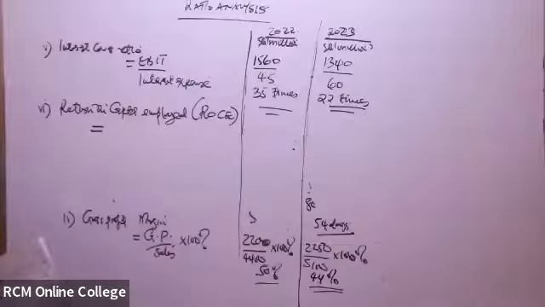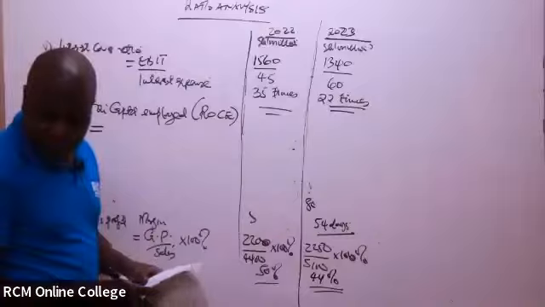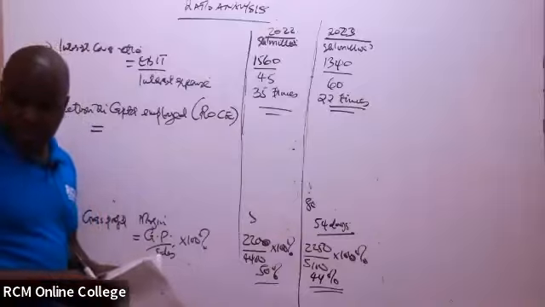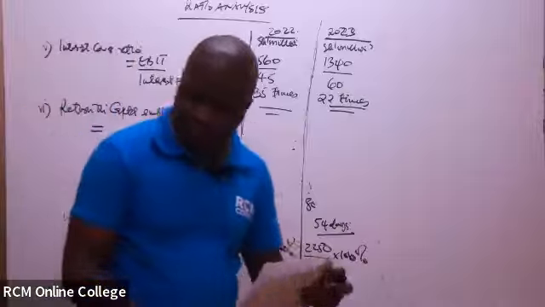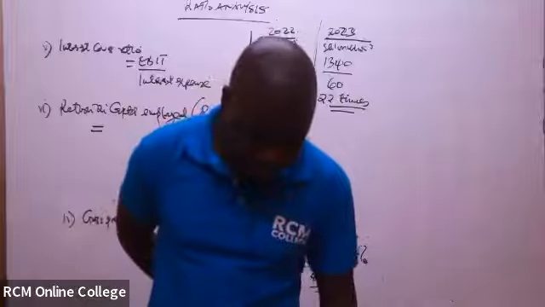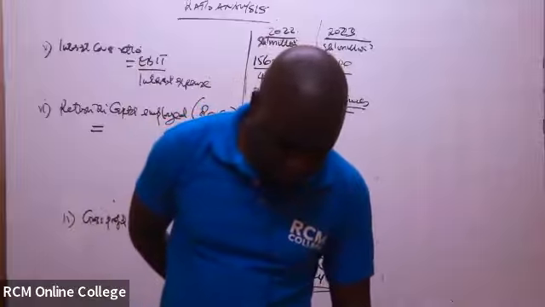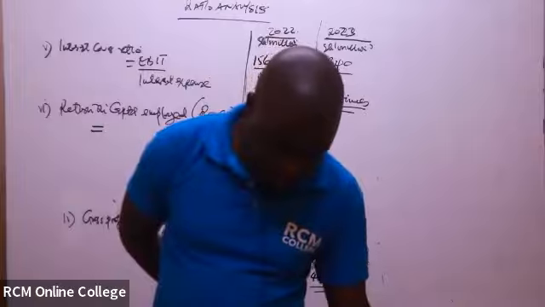So I can see EBIT. We have EBIT over capital employed. Someone is saying earnings after tax over the net assets. Is it earnings after tax or earnings before interest and tax?